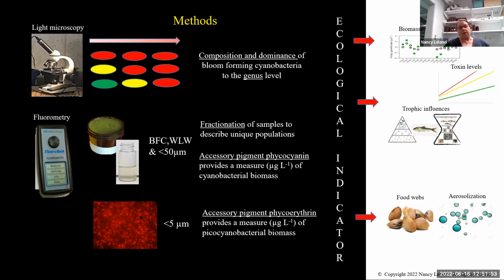And the reason why we have chosen to use that is that that particular accessory pigment is pretty much specific for picocyanobacterial biomass. So we're able to discriminate what's going on within the sample and the different populations just using fluorometry. And one of the nice things about including the picocyanobacteria is we are able to have a more robust conversation about what's happening with the potential impact to the food webs, and also the process of aerosolization.